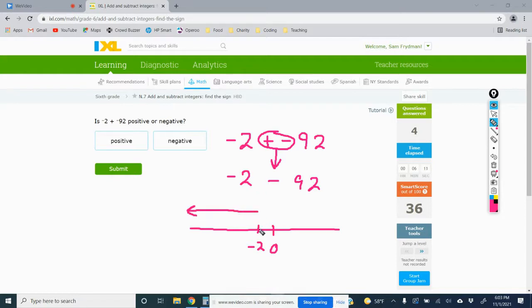So if we start in negative territory and then we continue moving to the left, then of course we're going to end up in negative territory. Hopefully that should make sense from the diagram. If I start over here to the left of 0, and then I keep walking this way, there's no way that I'm going to end up in positive territory. So the answer has to be negative here.